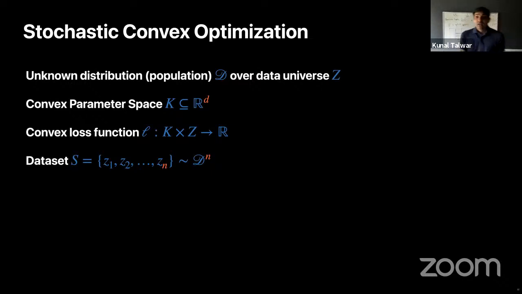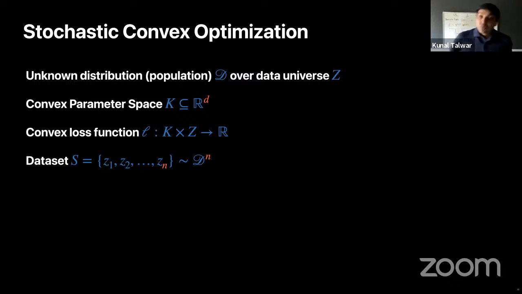I'll be talking mostly about what's known as the stochastic convex optimization problem. This is an abstract question that captures large parts of what we do in machine learning. In this setting, you have some data universe Z. This could be, for example, points in R^d, and you're trying to find the mean of these points, or examples from some space, say image and label pairs.